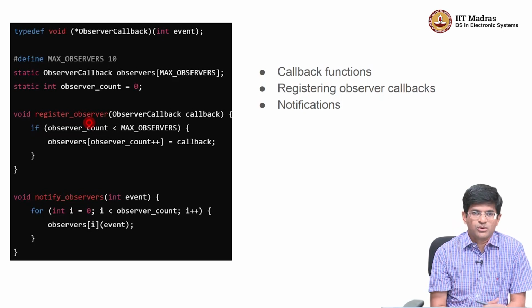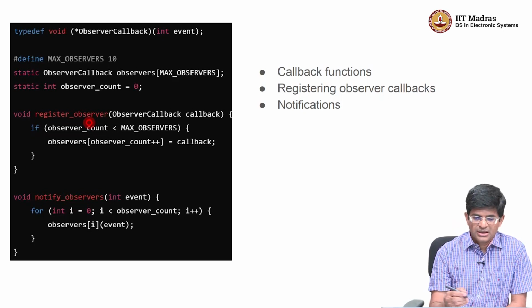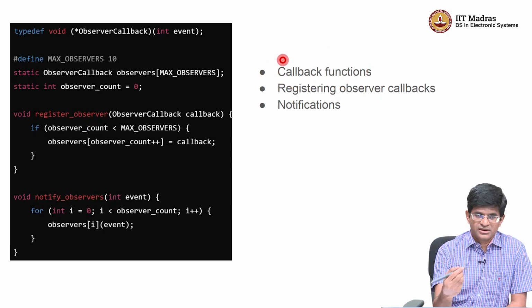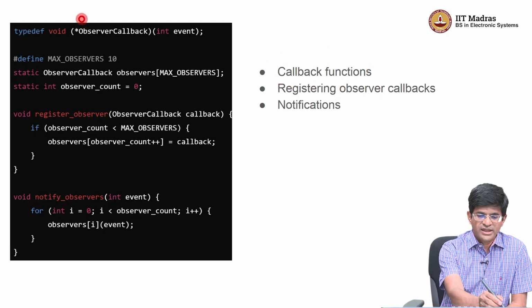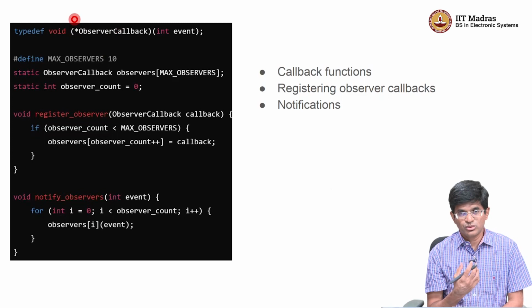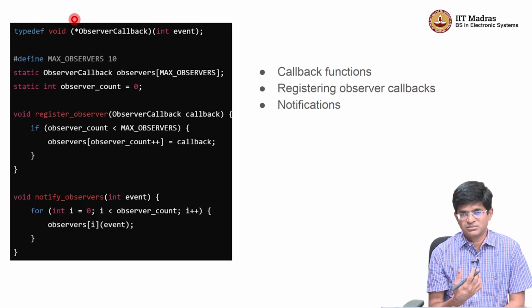Now, how do we do observers in practice? There is a notion of something called callback functions. In the context of C, that is usually done using what are called function pointers. A function pointer allows you to have a pointer that could point to one of many different functions.